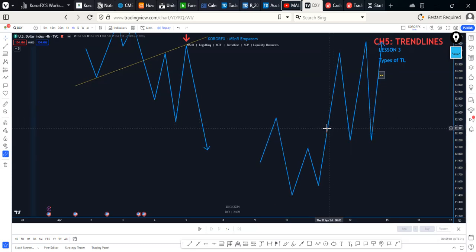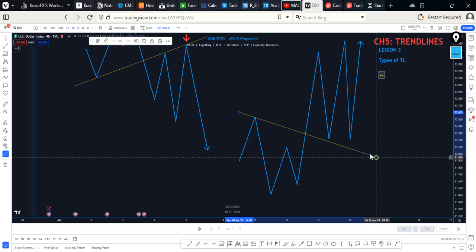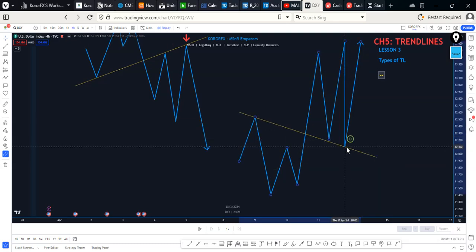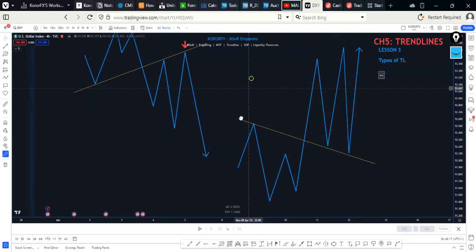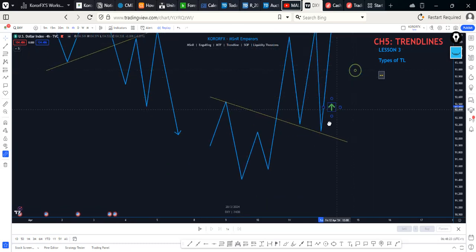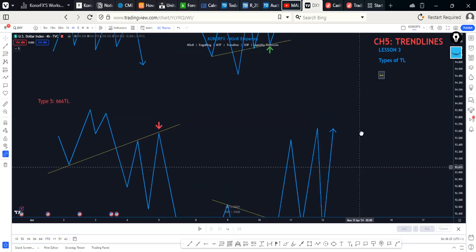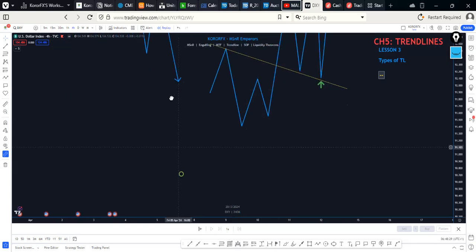So we know where price broke, it will retest it, and this type is really type 5. Price retests back to this point and then buys off from that level. So that's type 5, right? So the last type of trend line is called the XR.